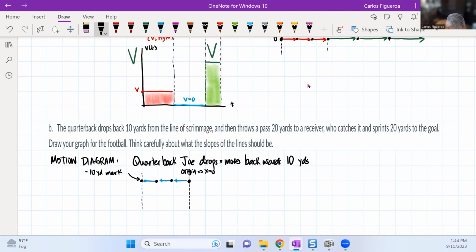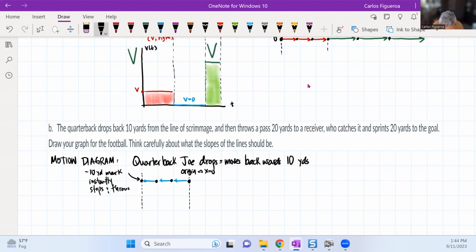Let's say that the receiver's name is Patty. So here we go. At this point, at the 10 mark, he instantly stops and throws. If I say stops and throws, we're assuming here that the ball has to be moving faster.